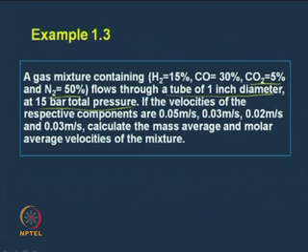If the velocities of the respective components are given as 0.05 meter per second, 0.03 meter per second, 0.02 meter per second and 0.03 meter per second, then calculate the mass average and molar average velocities of the mixture.